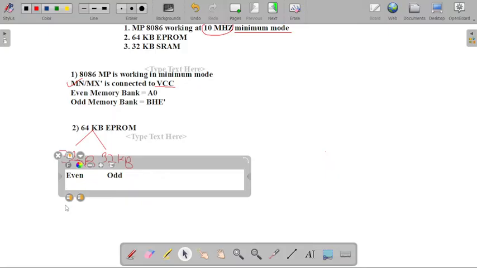Whenever it is connected to the even and odd memory location, the even memory bank will be connected to the A0 line, and our odd memory bank will be connected to the bus high enable signal to the data lines. So here the bus high signal will be activated.